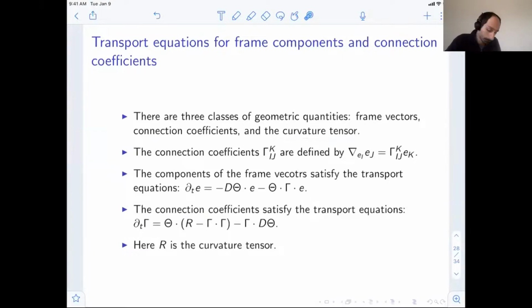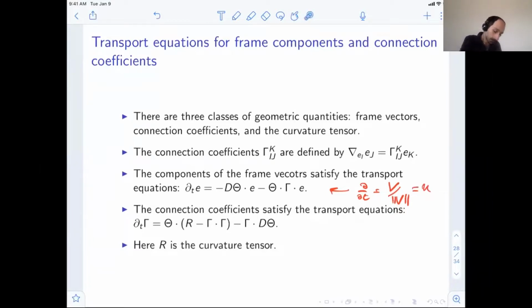Remember that this dt was normalized to be just the fluid velocity, v over norm v, which is also u, right? So it's tangential to the boundary.